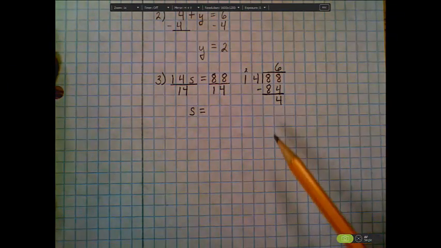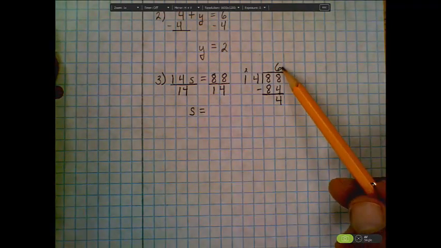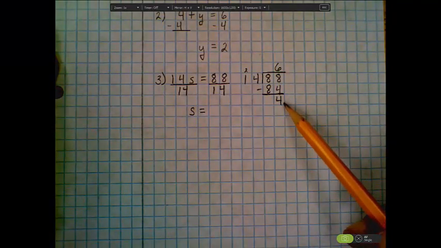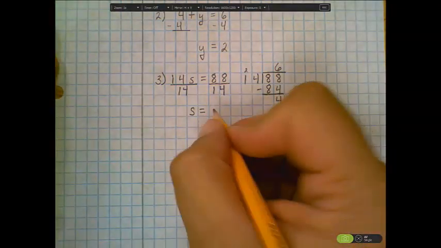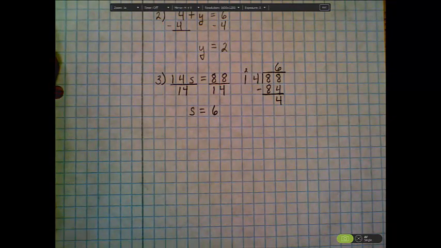The problem asked how many stickers were going to go in each bag. And so I'm going to have 6 stickers that go into each bag, and then I'm going to have 4 stickers left over. So the answer that I'm looking for is the 6 stickers that go into each bag.